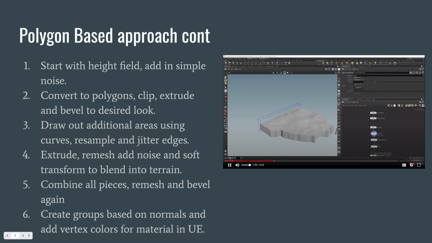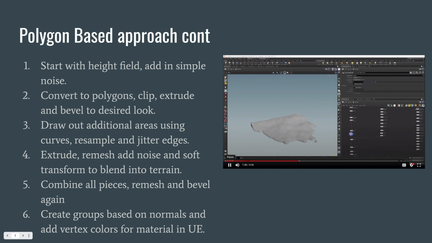It's got some nice edges to it. We then extrude it. We do a couple different soft transforms on it to slope different pieces of it. We do a poly reduce, and then we bevel it. And that's the base piece of the terrain.